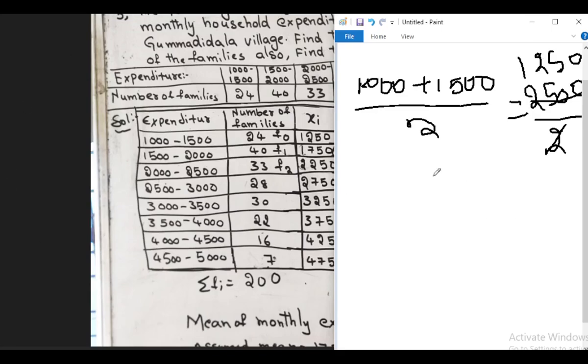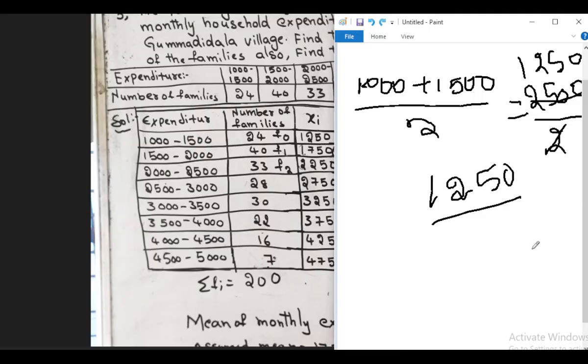Finally we got 1250 as the mid value of the first class, that is 1000 to 1500. So take 1250 as the class mark.